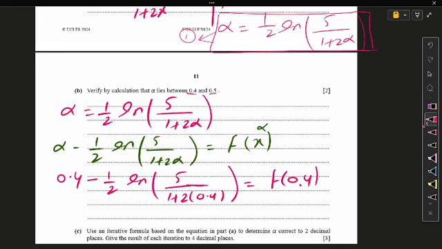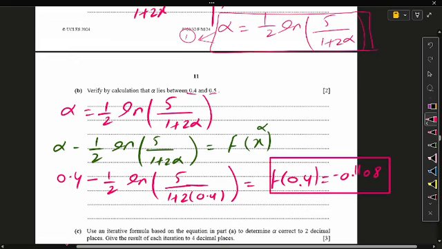At alpha 0.4, let me do it on my calculator, it's coming as minus 0.1108. That is the first condition at alpha 0.4.